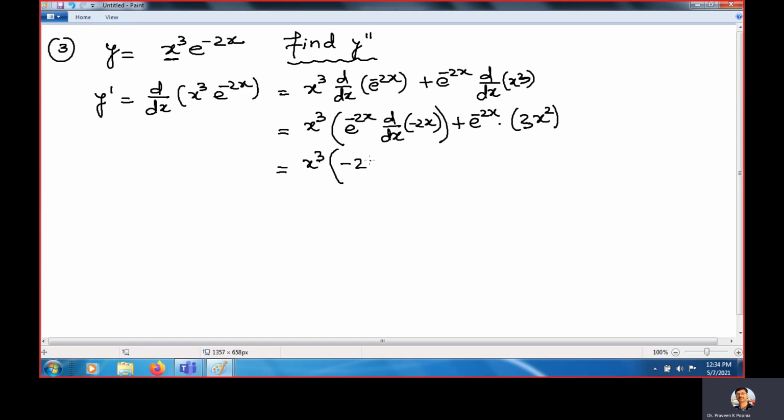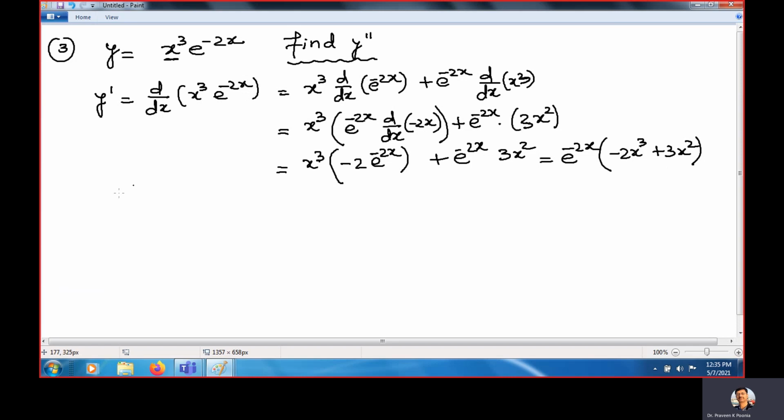Minus 2x, it is 2 e power minus 2x, and plus e power minus 2x times 3x power 2. Clear? And you can take common. What can we take common? Here we can take common only e power minus 2x. What you will get? Minus 2x power 3 and plus 3x power 2. This is the first derivative.